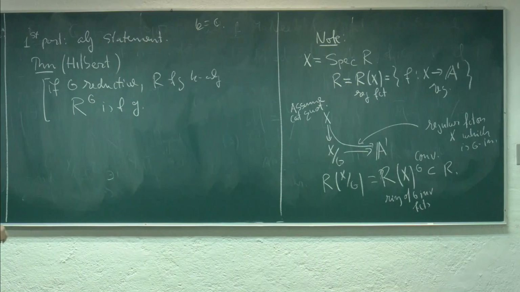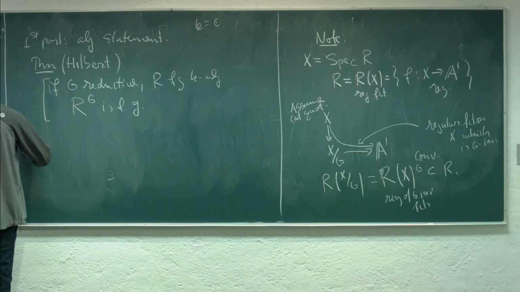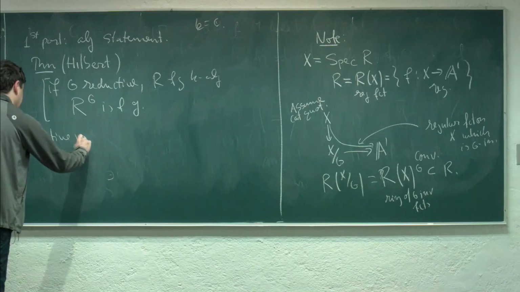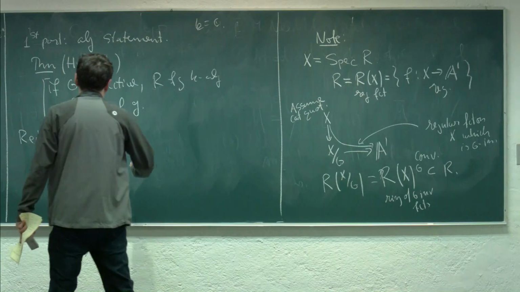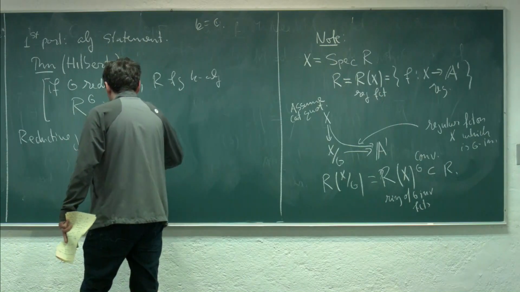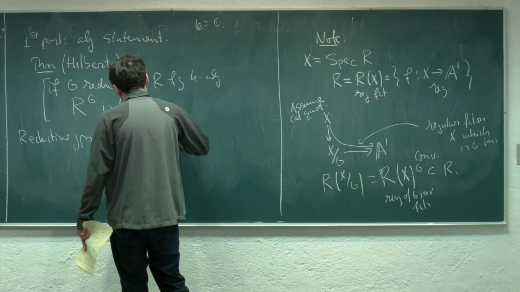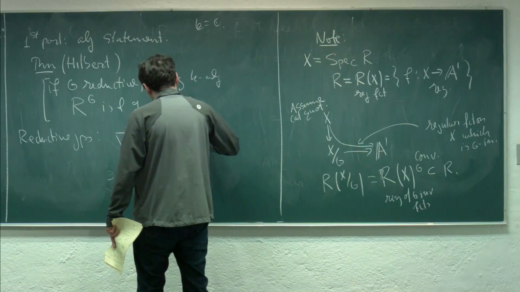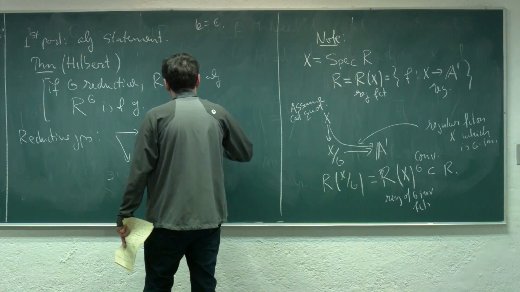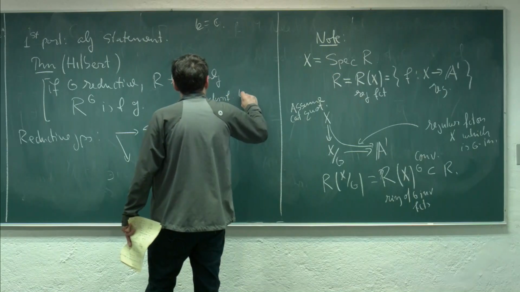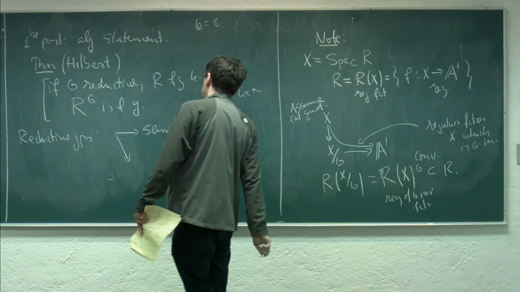Okay, a comment about reductive groups. You should think of them as two types. First of all, there are the semi-simple groups, which go into the classification, root systems, and so on.